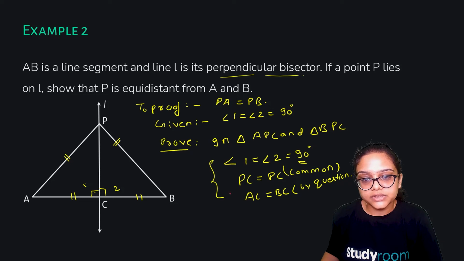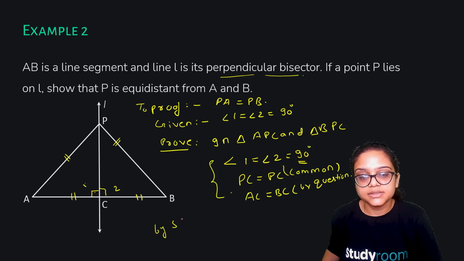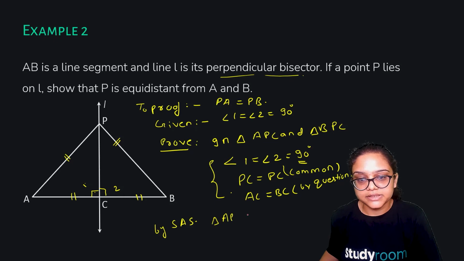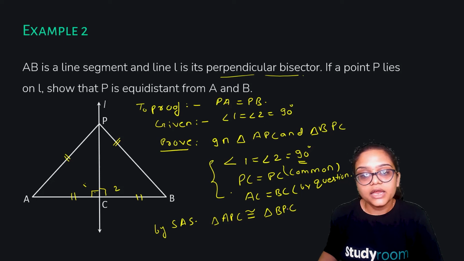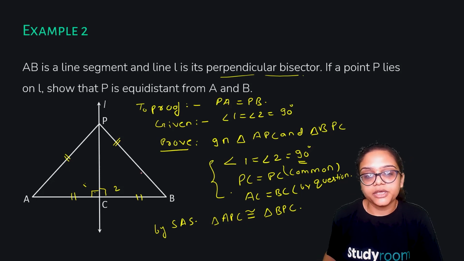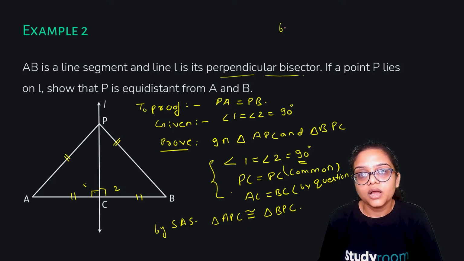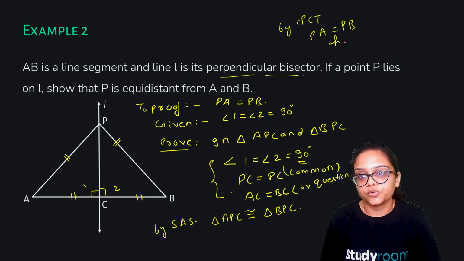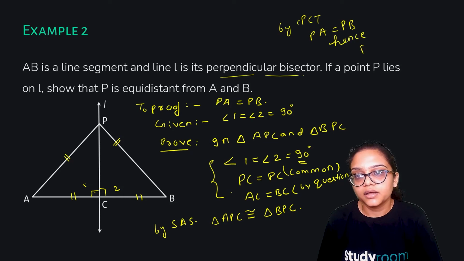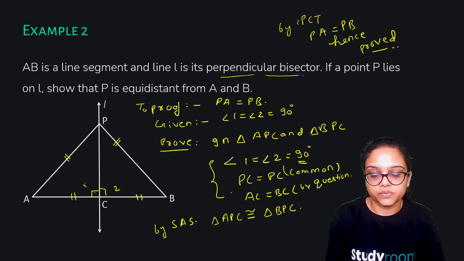So, according to these three conditions by SAS, triangle APC is congruent to triangle BPC. Correct? Now, by CPCT, we can state that PA is equal to PB, hence proved. Correct? So, I hope by congruency, you have learned how to solve these questions.